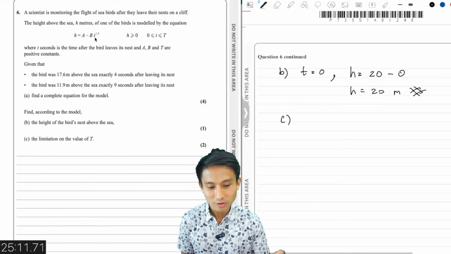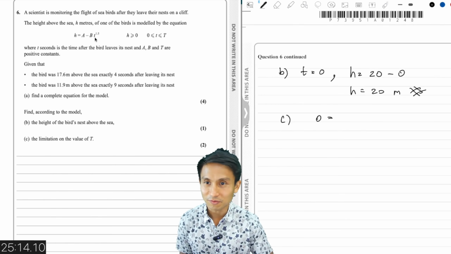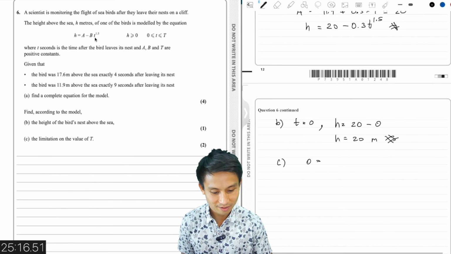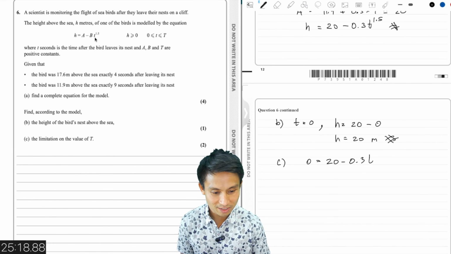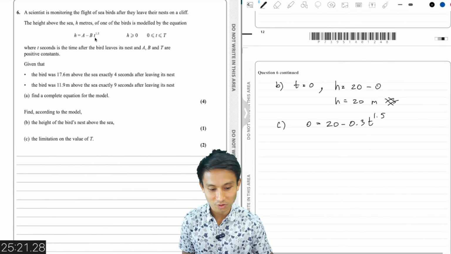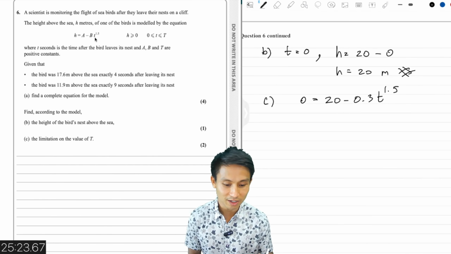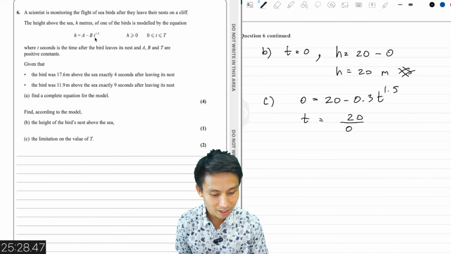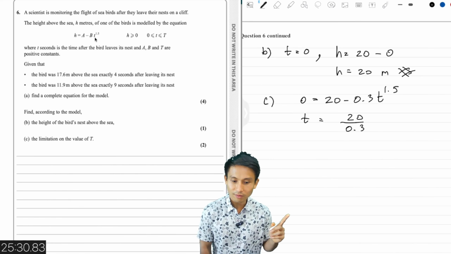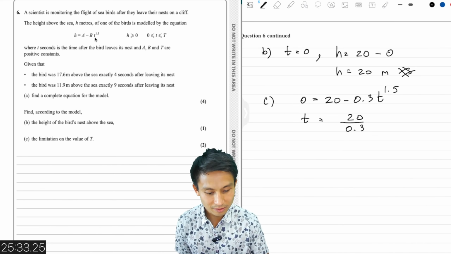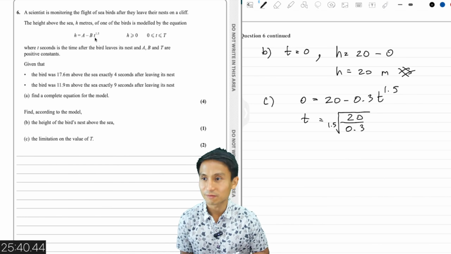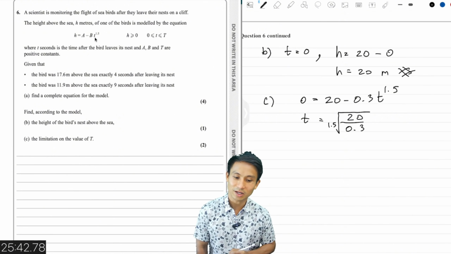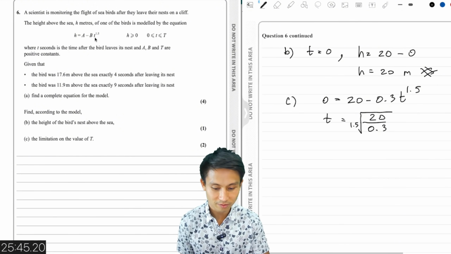So if we equate 0 to h first to find that point, it's 20 minus 0.3 t to the power of 1.5, right? Because they haven't told the value yet, we have to solve for it. So t equals 20 divided by 0.3, and then to the power of, or root, 1.5. Yeah, you take the 1.5 root of that.